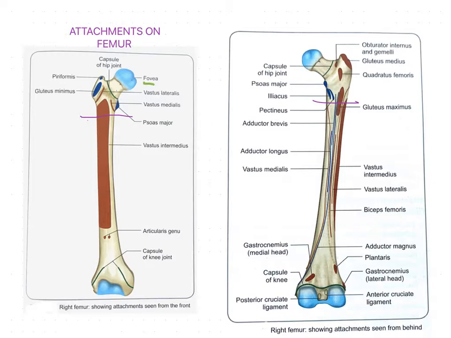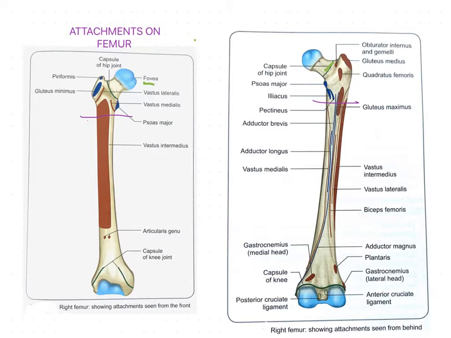The anterior surface of the neck is completely inside the capsule. On the posterior aspect, the capsule extends to just more than the medial half of the neck. Not completely, only greater than the medial half of the neck is covered by the capsule posteriorly. This is about the capsule.